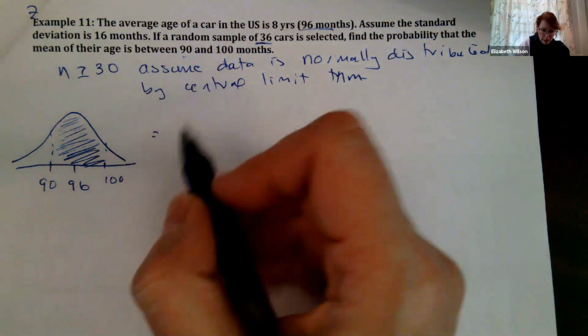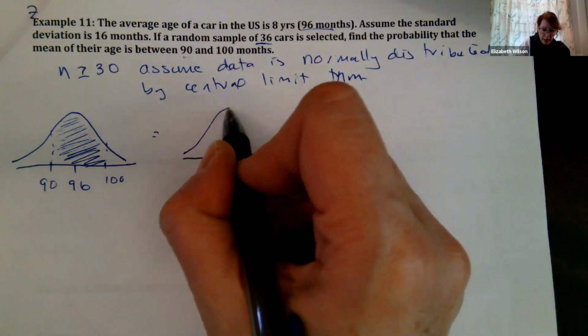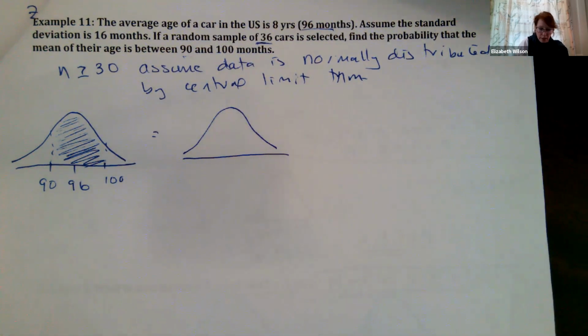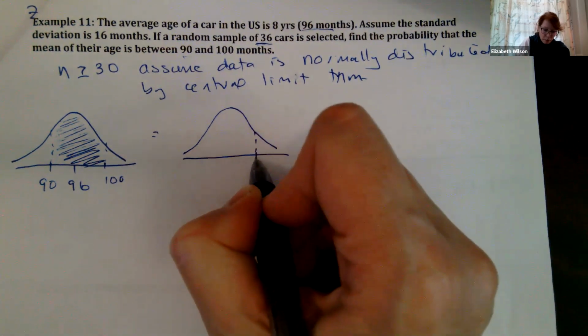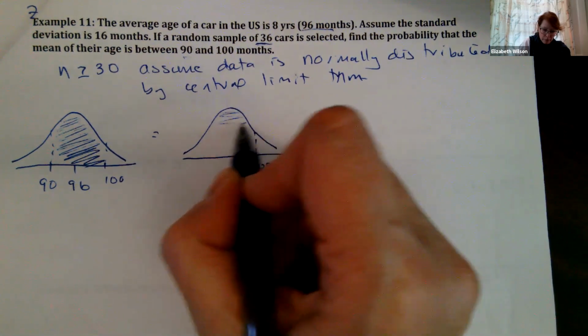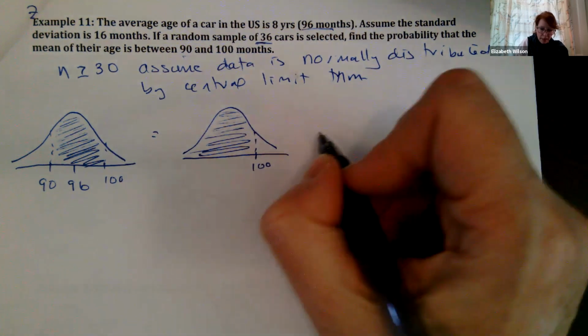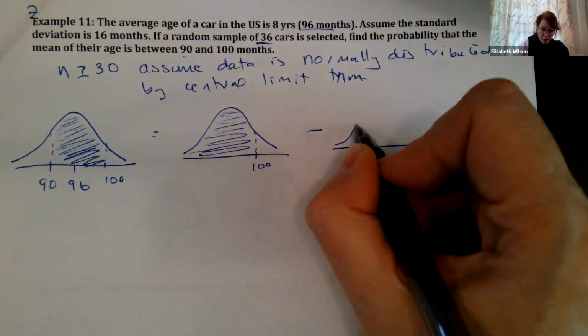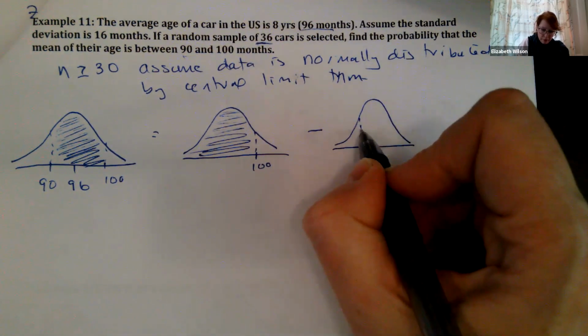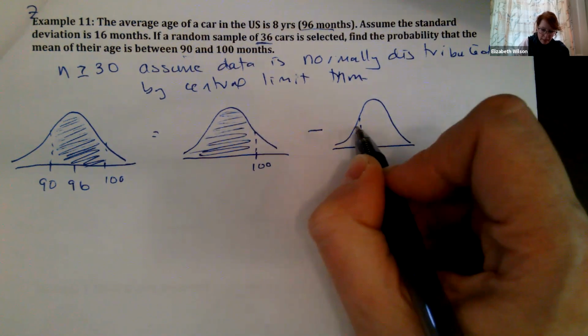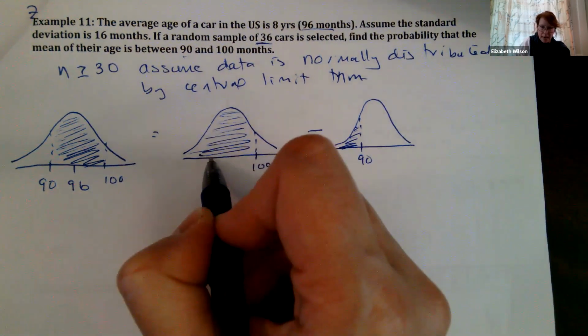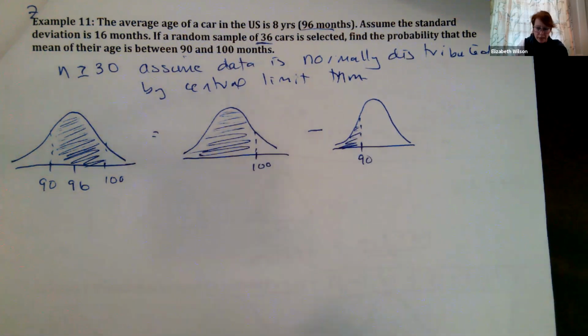Remember our table only does things that are less than. So first off, I'm going to choose my larger number: the probability, the area under the curve that's less than 100, minus the area under the curve that's less than 90, right? If I subtract out that 90 bit, I'm going to get the area between 90 and 100.